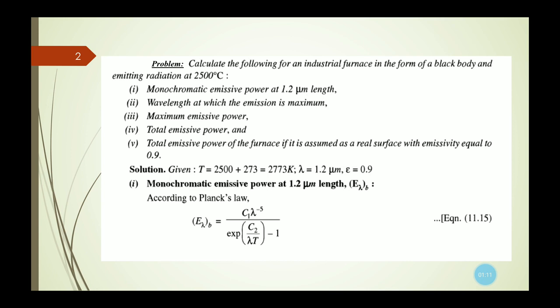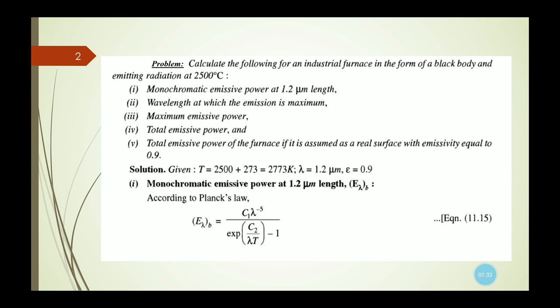The first numerical says that we need to calculate the following for an industrial furnace in the form of a black body emitting radiation at 2500 degrees centigrade. Five things are given here that we need to calculate.